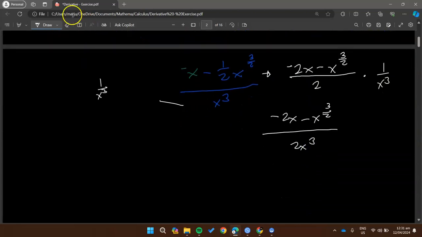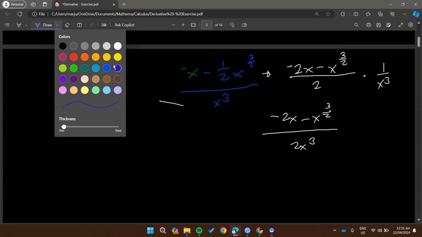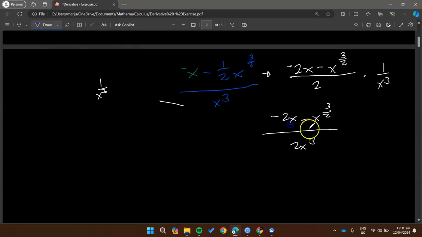Alright, and then one more thing, we have here a common factor, so we are going to take out negative x. What will remain is what? We have 2 plus, what is 3/2 minus 1? That is just 1/2, right?